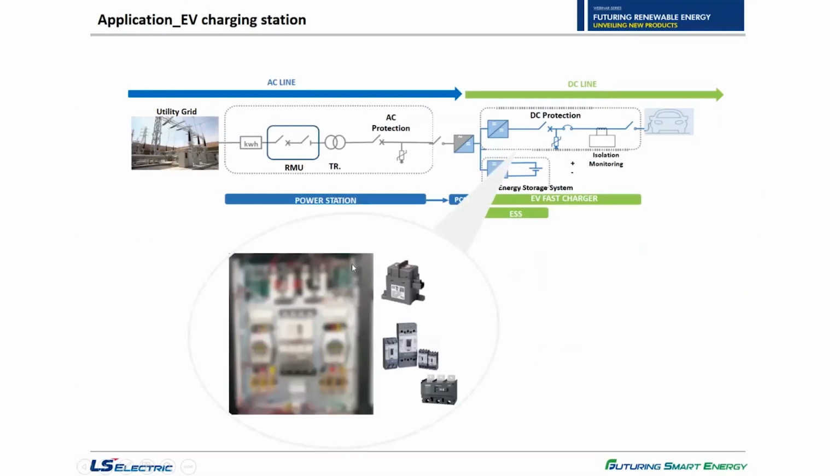I cannot show you details about the inside of our EV charger systems, but I definitely guarantee you that there is an MCCB, an SPD, and a DC conductor combination. I think that will be a very good explanation for spreading our business into the EV charger market.